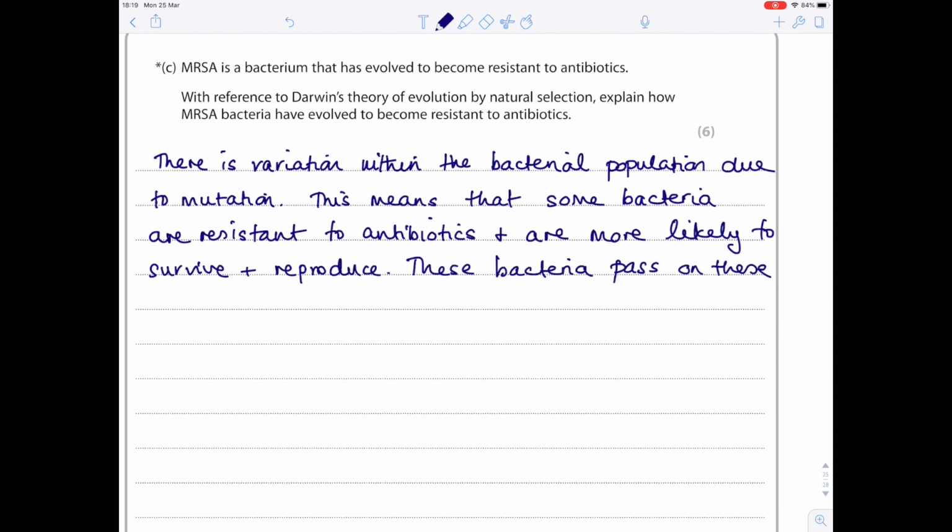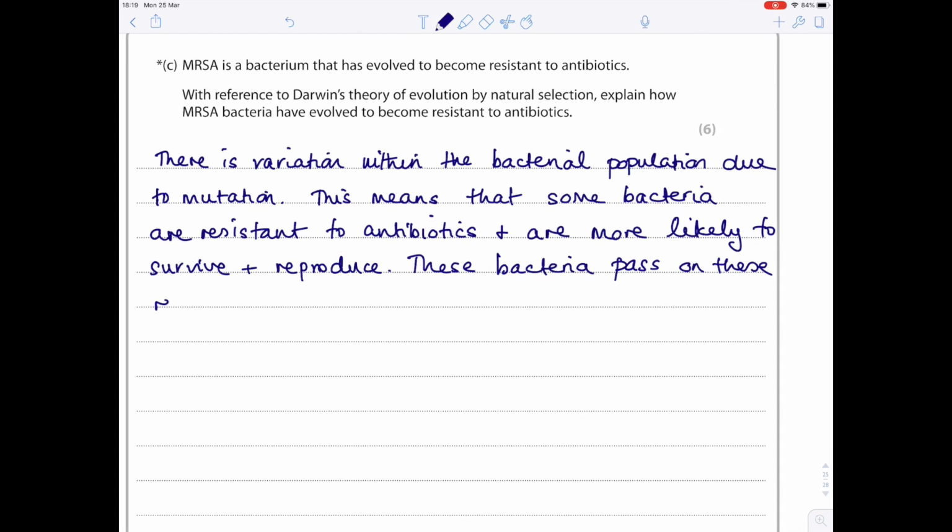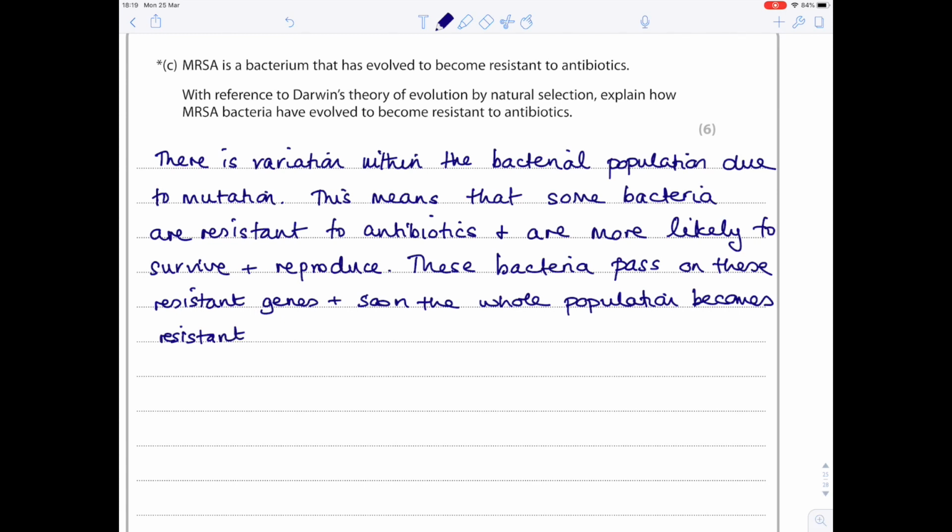So these bacteria pass on these resistant genes, and soon the whole population becomes resistant to penicillin due to the process repeating over many generations.